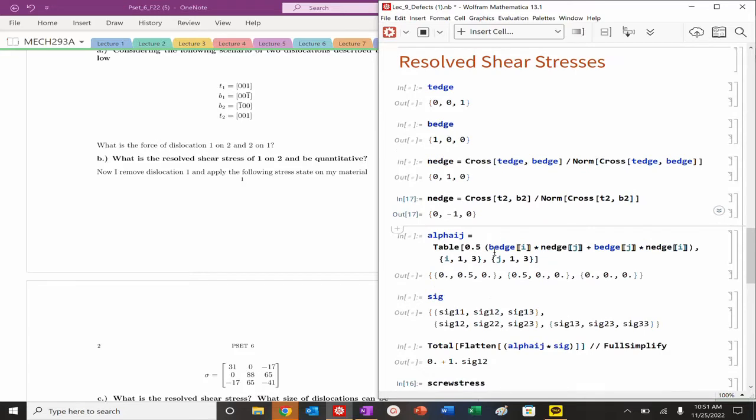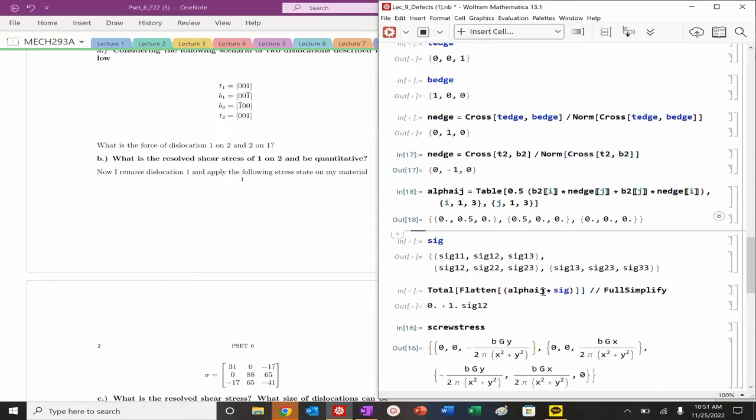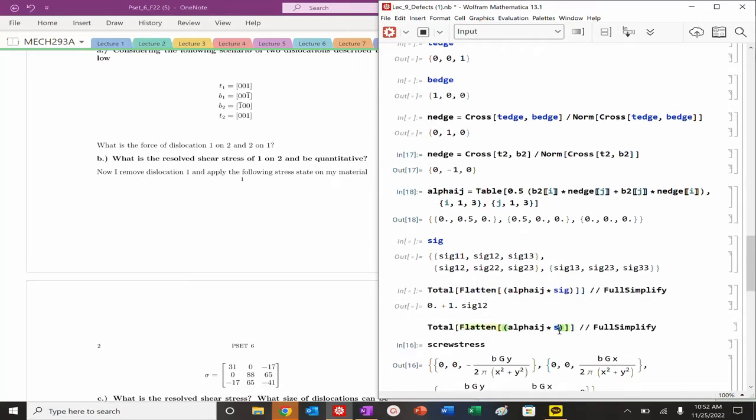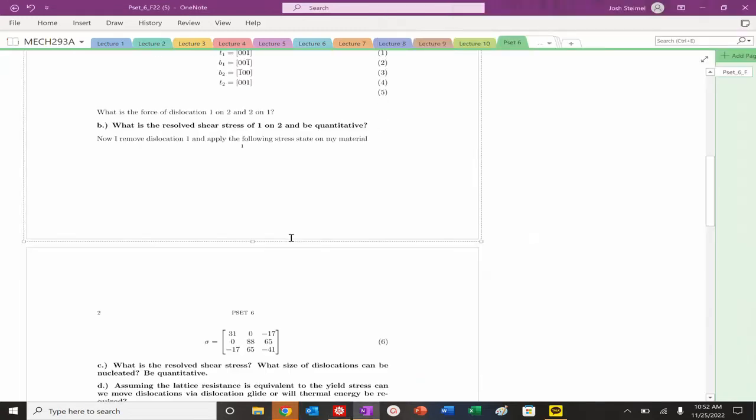So that's our normal. We can take our B2 function here, and we can do alpha ij times, we can just plug in that screw stress, and 0. So again, nothing super exciting here, as we may have anticipated. So nothing's going on here.